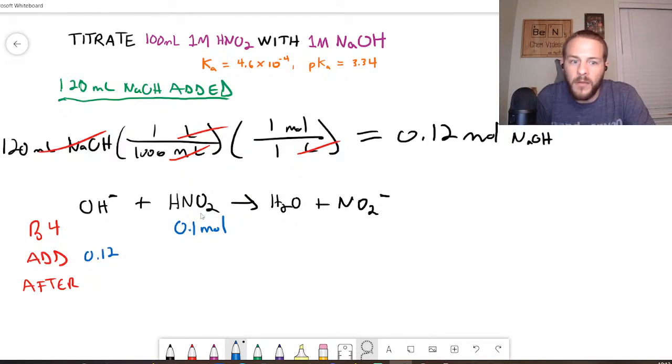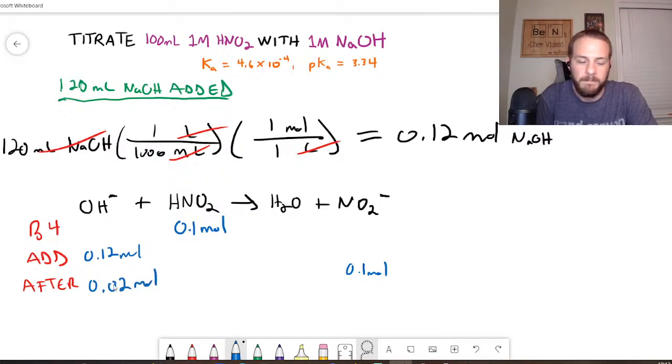So it looks like all of our nitrous acid is going to be consumed, leaving us with 0.1 moles of NO2 minus. And then since only 0.1 moles of this 0.12 moles was consumed by the nitrous acid, that means at the end of this we have 0.02 moles of hydroxide ion remaining.